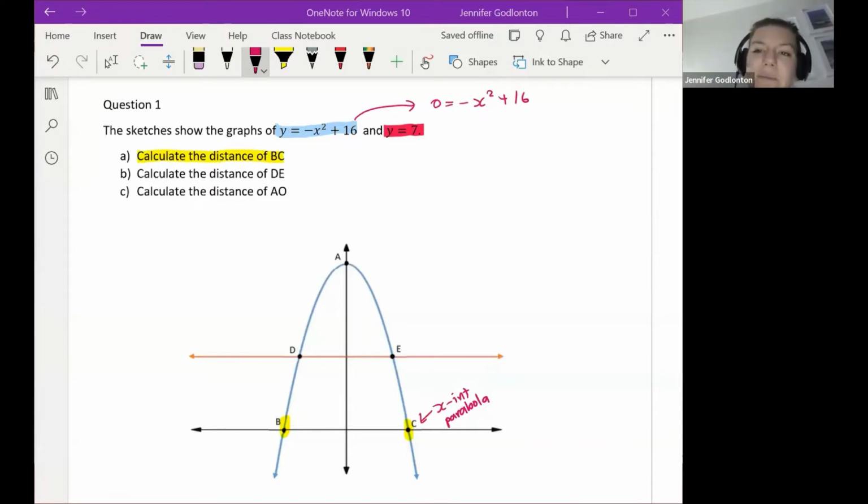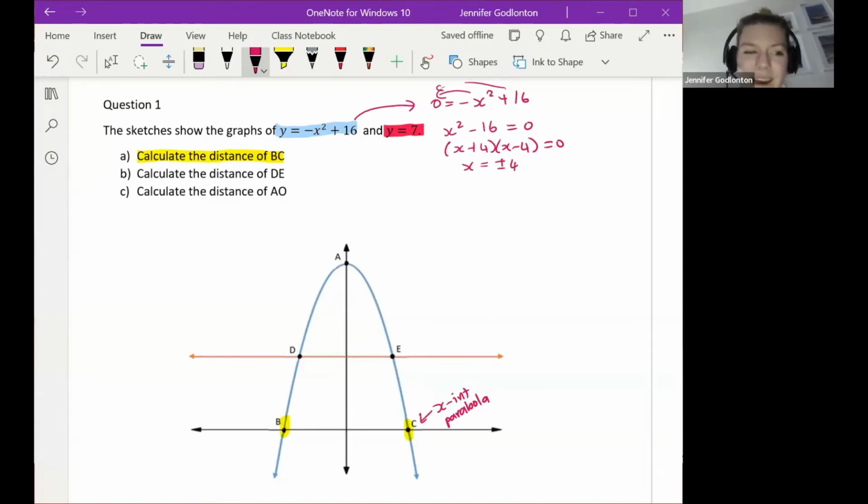So I'm moving those to the other side. I would have x squared minus 16 is equal to 0. Now that I've moved it, it's very easy to factorize. So then I could just say (x plus 4)(x minus 4) is equal to 0. So then x would be equal to positive or negative 4. Well done, Bukamoso. Your answer was correct.